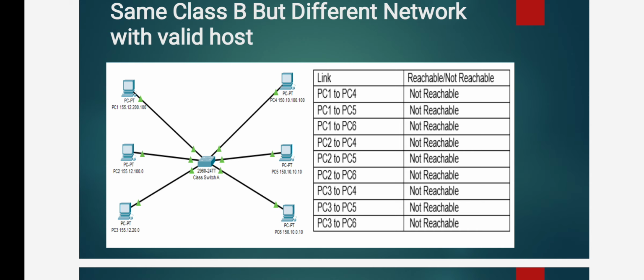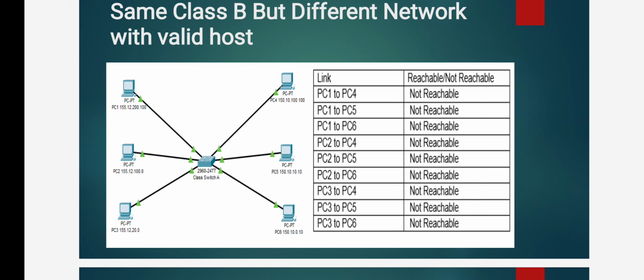Next, PC1 to PC5, it's the same issue as number 1, and also number 3, PC1 to PC6, they are not in the same network. Also, PC2 to PC4, PC2 to PC5, PC2 to PC6, PC3 to PC4, PC3 to PC5, PC3 to PC6.